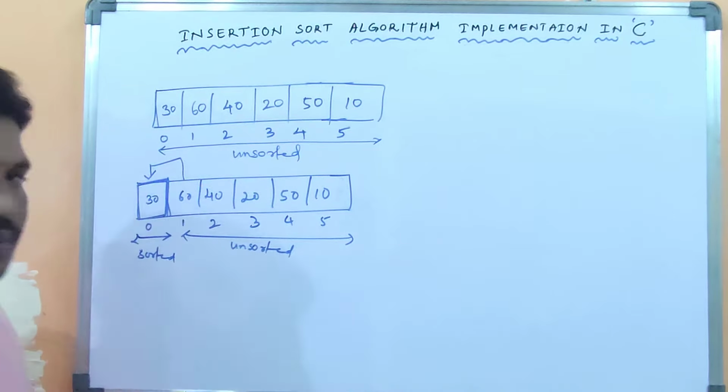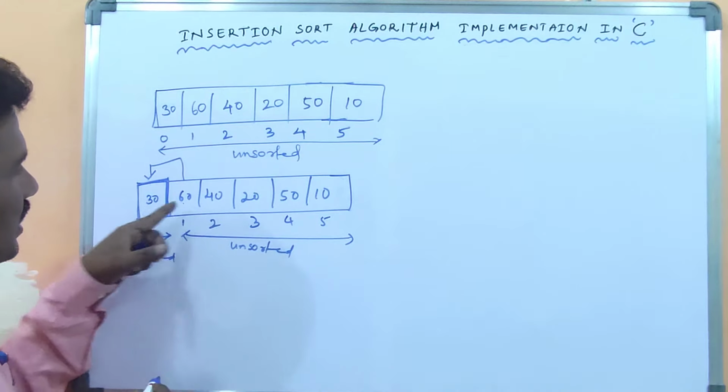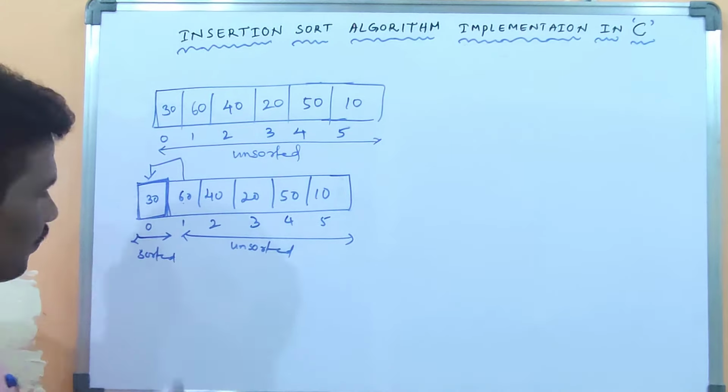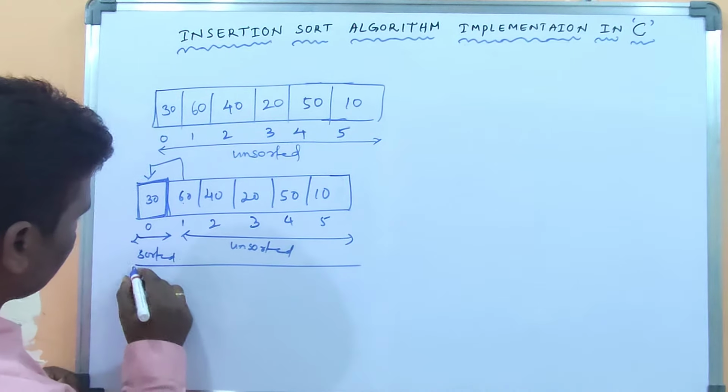In each and every step you do the same procedure. Where should I insert this one? After 30, to maintain the sequence, the 60 should be inserted in the second position in the sorted sublist.